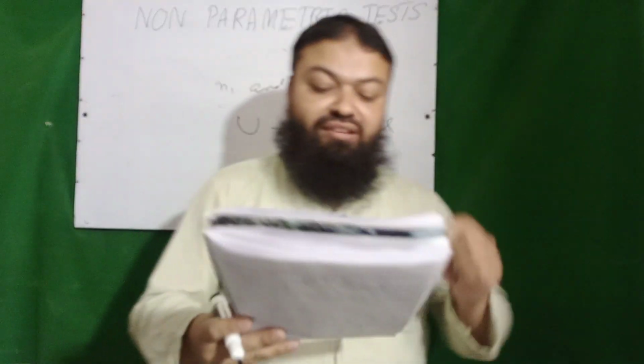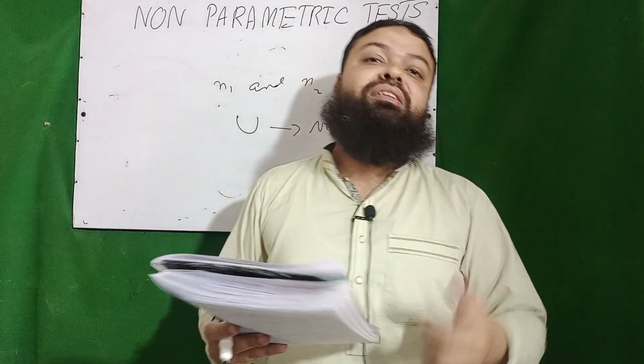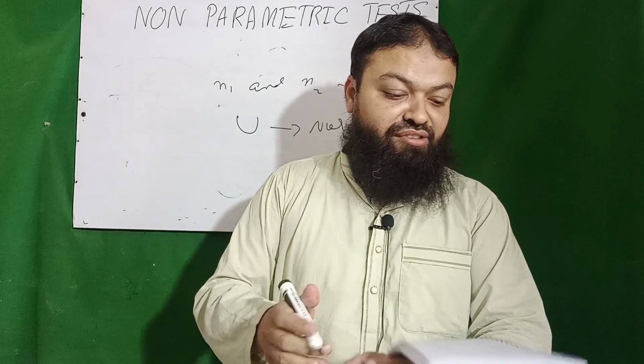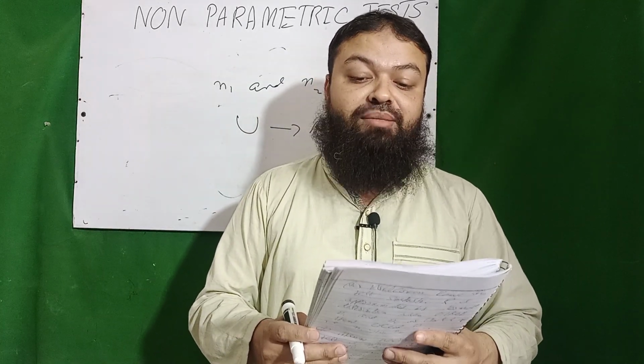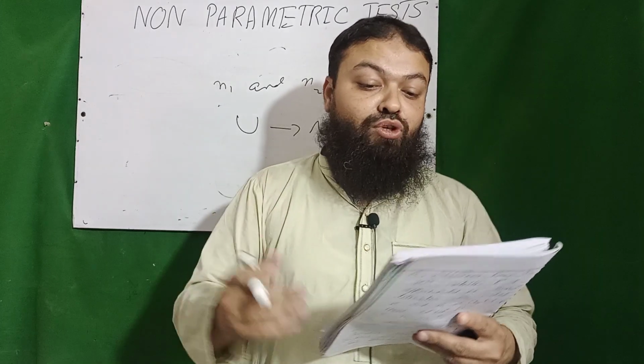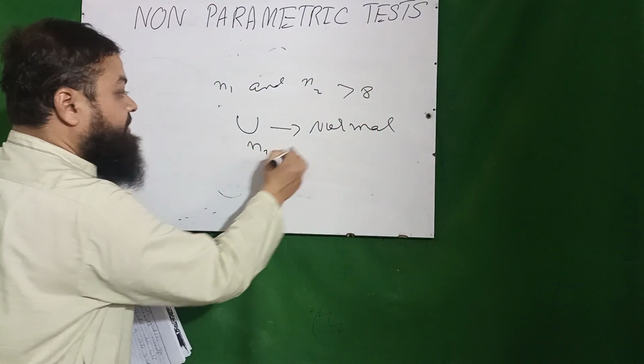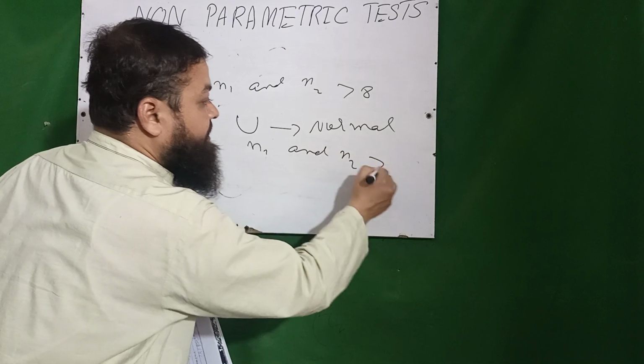Next question is, the run test is used for randomness. Next question, the test statistic is approximately normally distributed in the run test when both n1 and n2 are greater than 10.